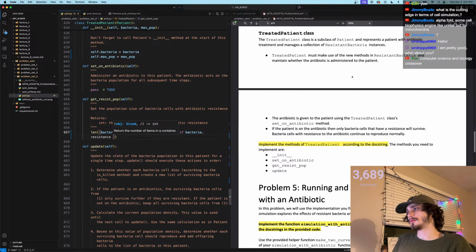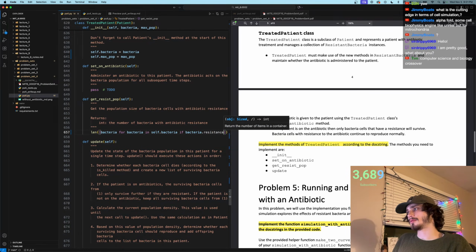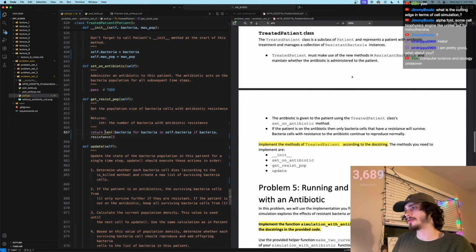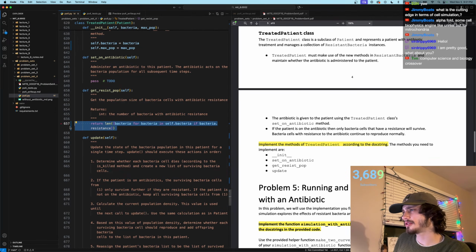Right? And then we're going to return this. You don't say pass, no. Okay, so that'll return the number of bacteria in the current object that have resistance.